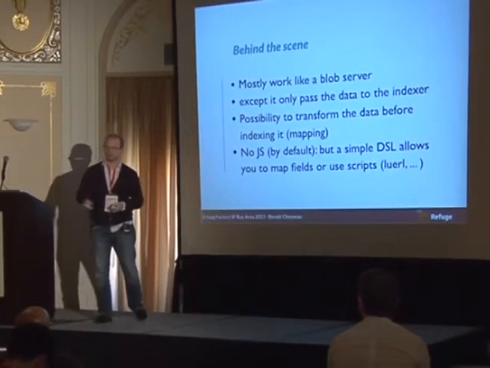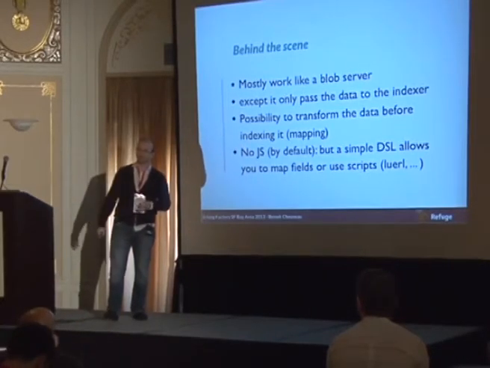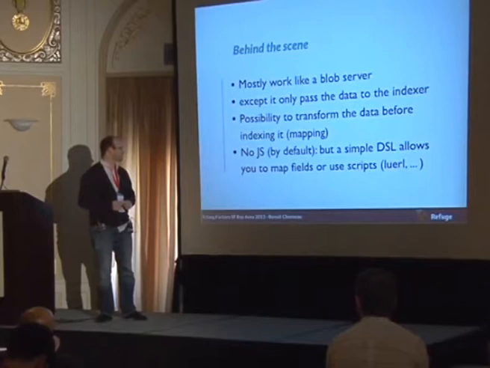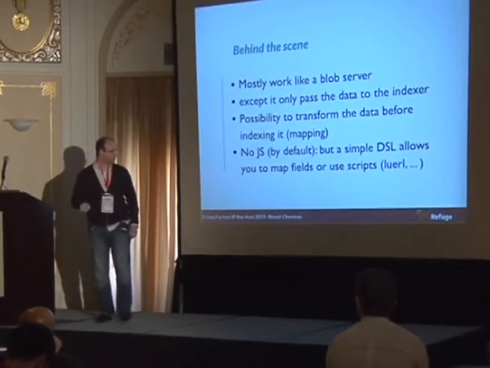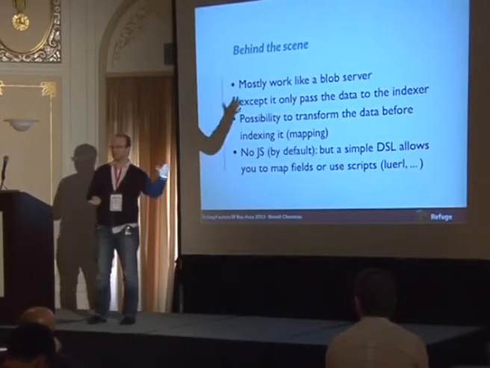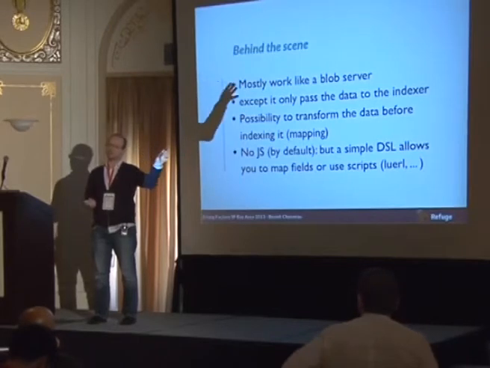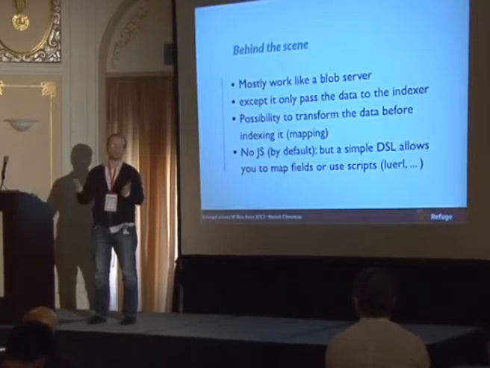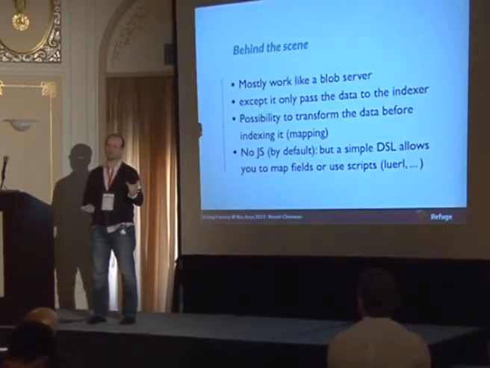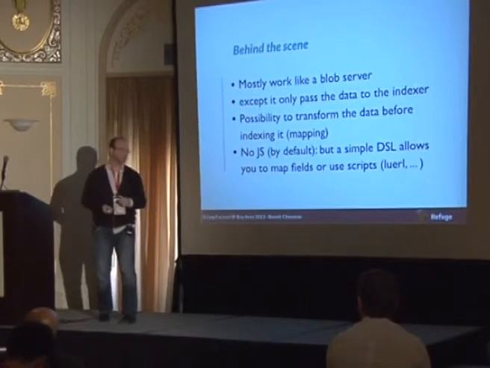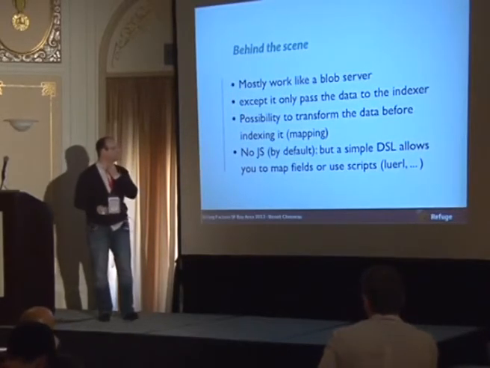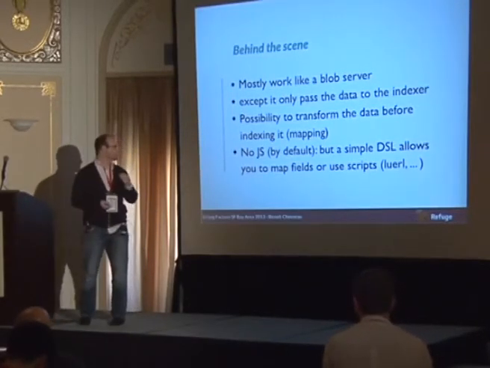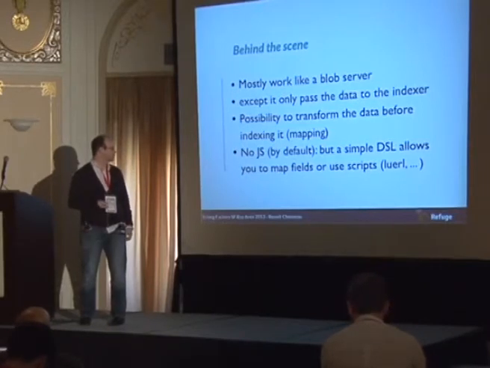I don't want to call any script external to my Erlang. I don't want to play with that. There is also a simple DSL that allows you to map your document to an index. So if you want to map some kind of field or some kind of pattern, you can describe it in a JSON, and I can't show you that right now because this is a target that is still moving.